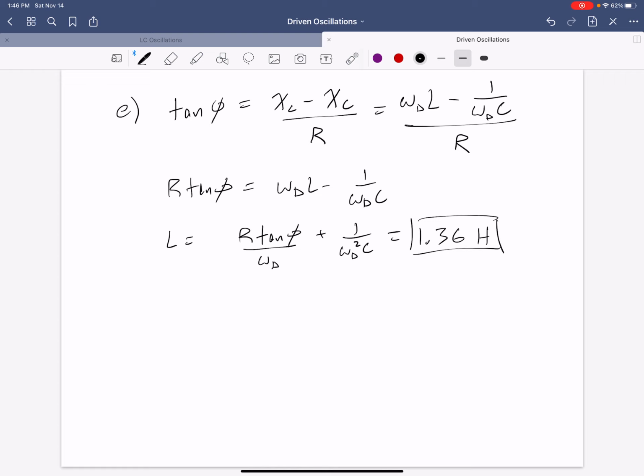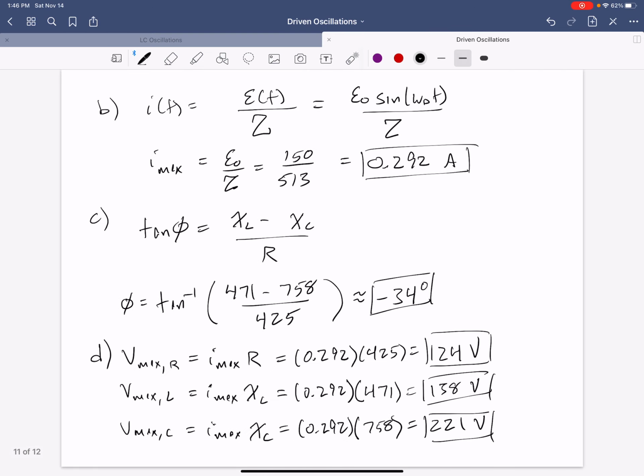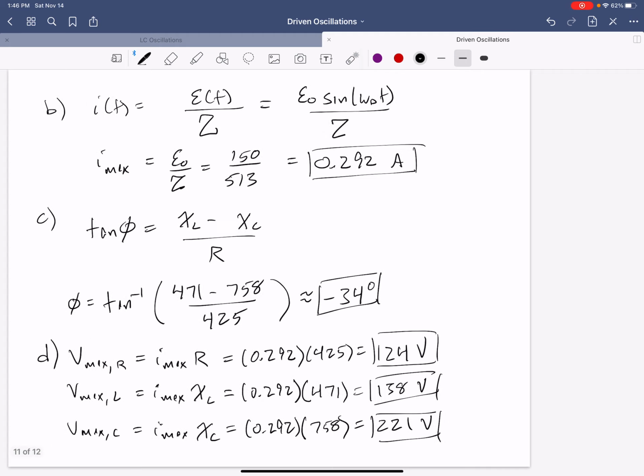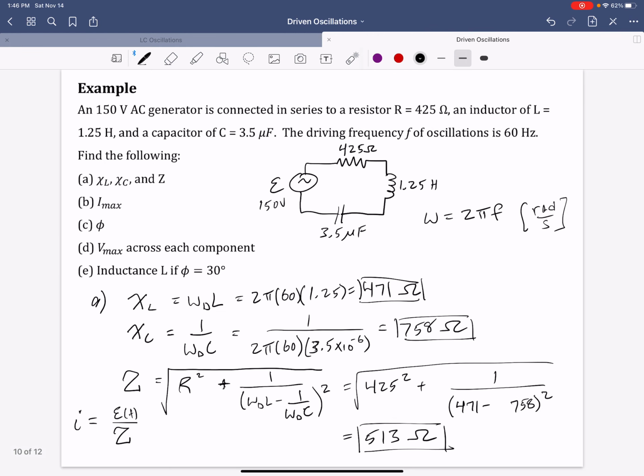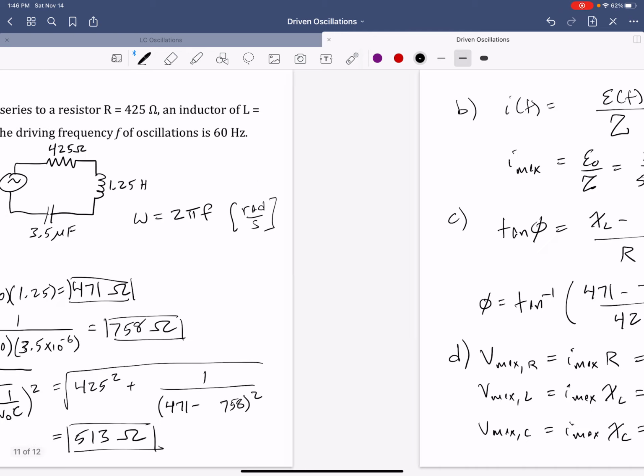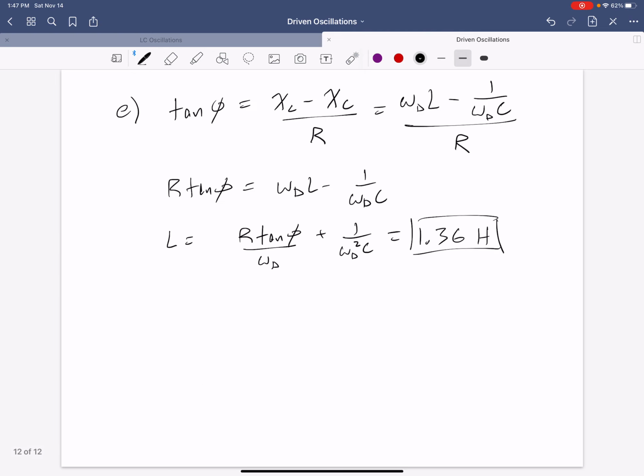Compared to our other phi angle, the inductance originally was 1.25. If we now have a positive 30 degrees, they're slightly closer together in time, in phase, slightly closer than 34.